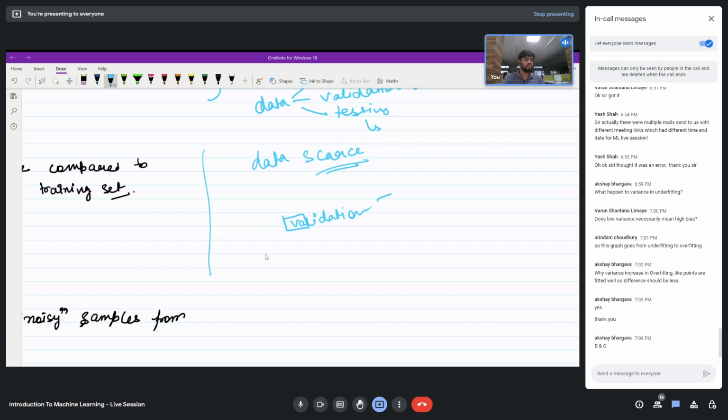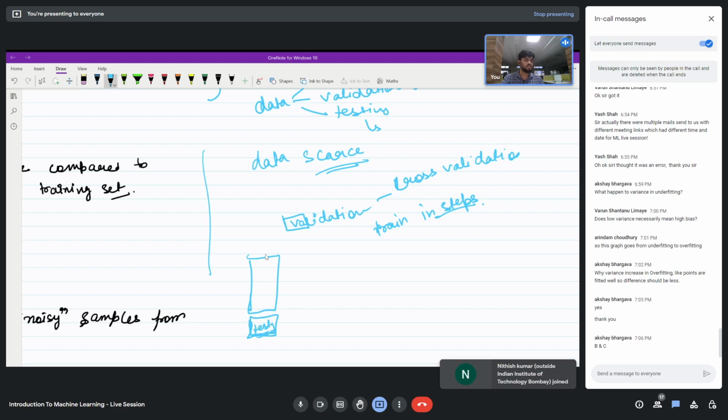There we use the idea of cross validation. So what happens is you train your model in steps. Initially, let's say this is your complete data set, and you have kept apart your test data set. This is test, just leave this alone.